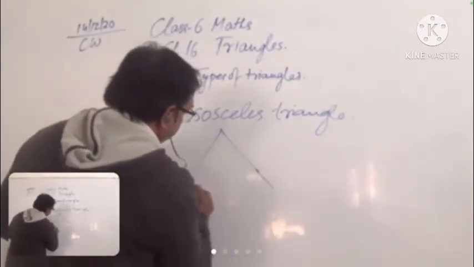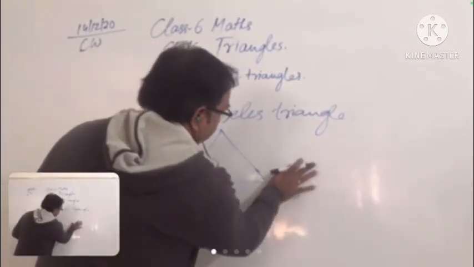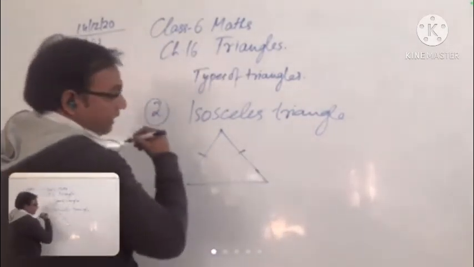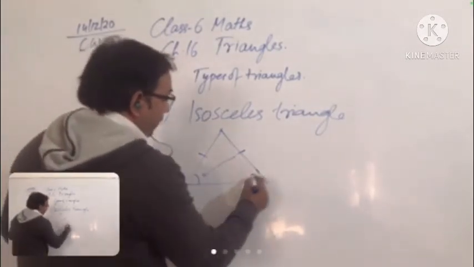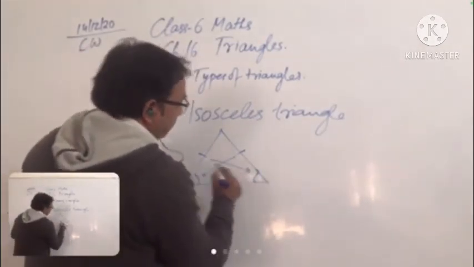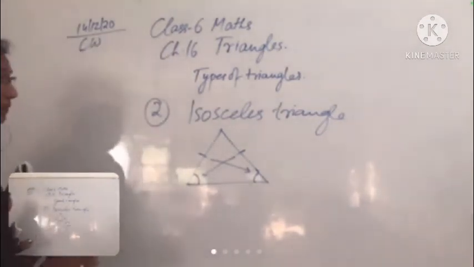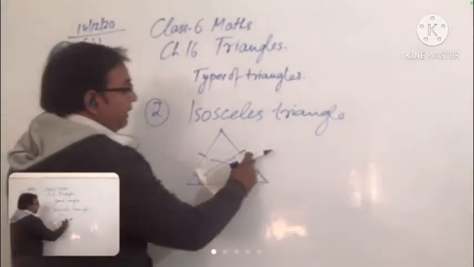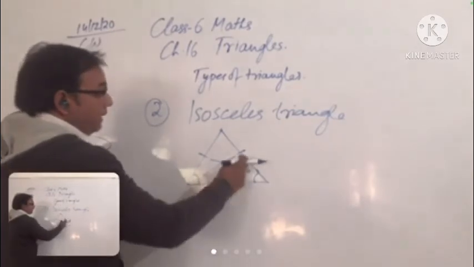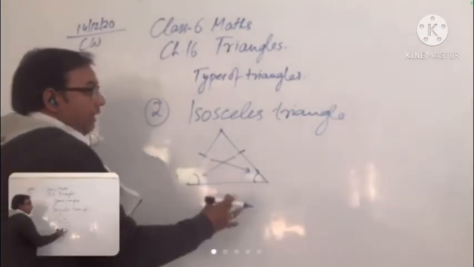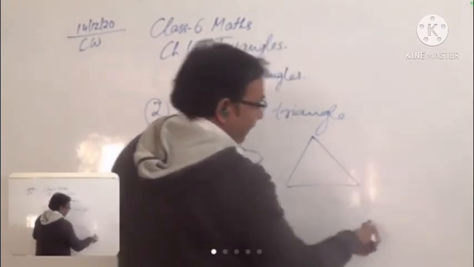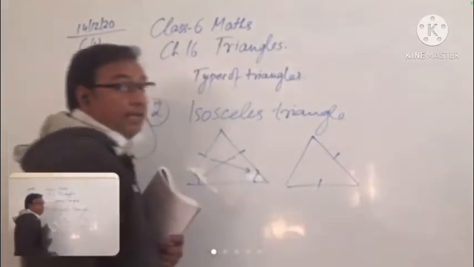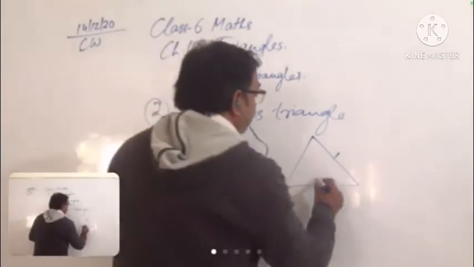The first condition is that two sides are equal, and there is one more condition: the angles opposite to the equal sides are also equal. We can say that the equal angles are the base angles, and the unequal angle is the vertex angle. Clear?